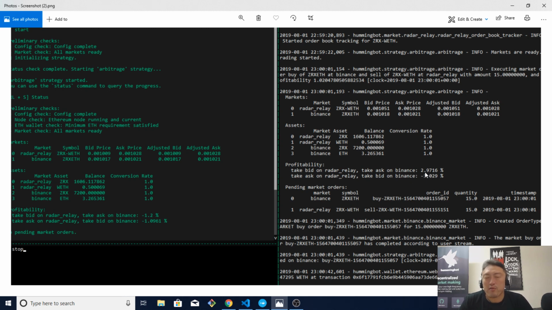This 3% was larger than my 1% minimum profitability, and therefore it went ahead and executed this market order. And so, yeah, I made a very small amount of money, but the bot did it by itself. This is what arbitrage looks like when it does happen.